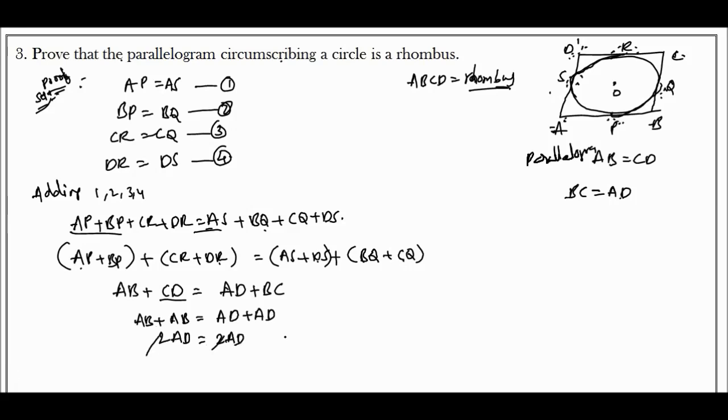The 2 gets cancelled, so AB is equal to AD. So these sides will also be equal. This is a parallelogram circumscribing the circle. Therefore, quadrilateral ABCD is a rhombus.